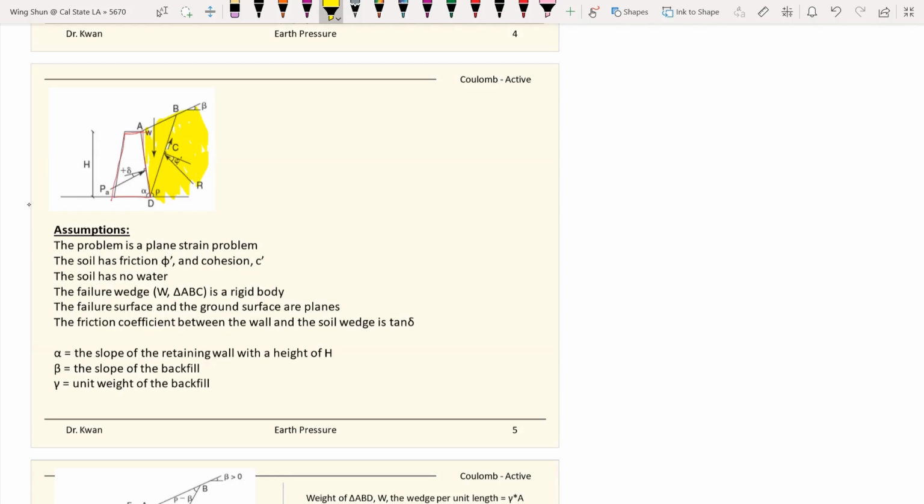he first of all assumed this is a plane strain problem, which means you can imagine an imaginary plane that makes this a 2D problem. It means for the system behavior into and out of the page, the dimension coming out or going into the page is infinitely long.